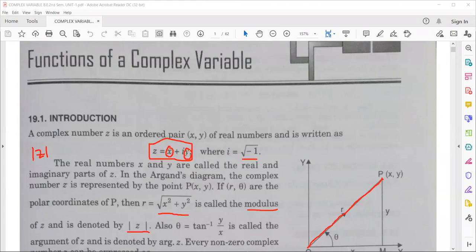If you know the value of y and the value of x, just put them in and calculate the angle, that means find tan inverse of y upon x. You will get the argument of the complex number. Is that clear?